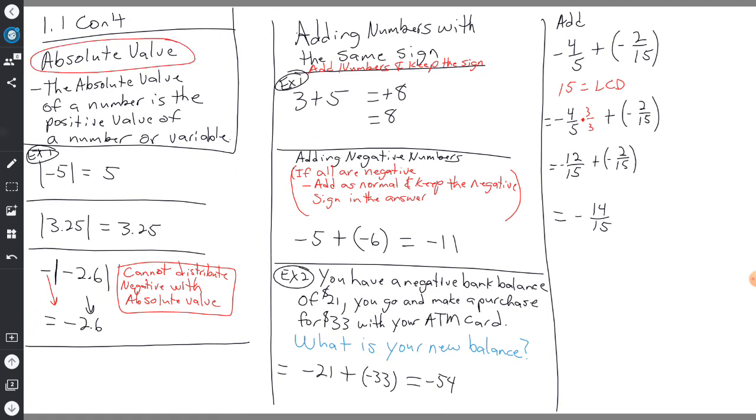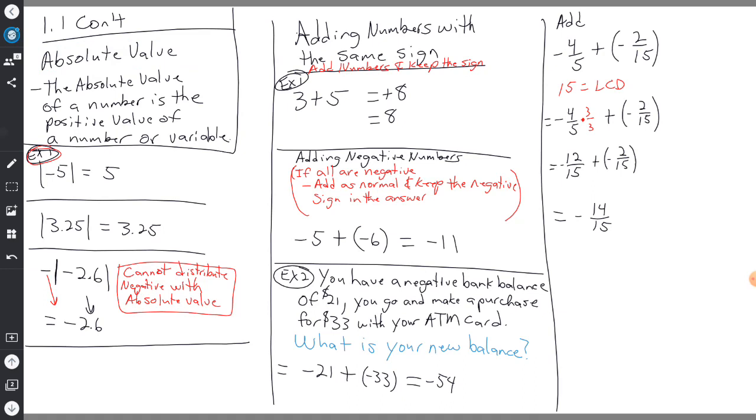And that brings us back to absolute value. The absolute value of a number is the positive value of that number or variable. So, for example, when we look at the absolute value of -5, these bars represent absolute value.